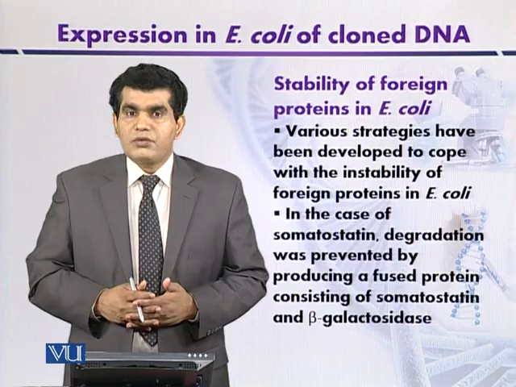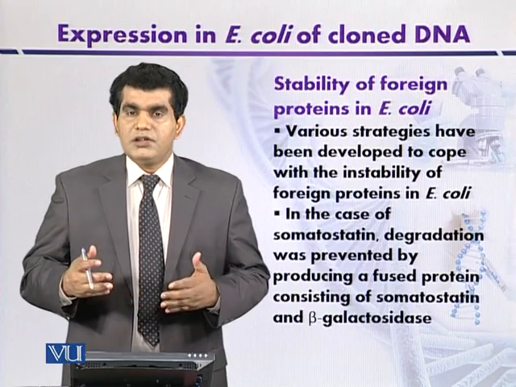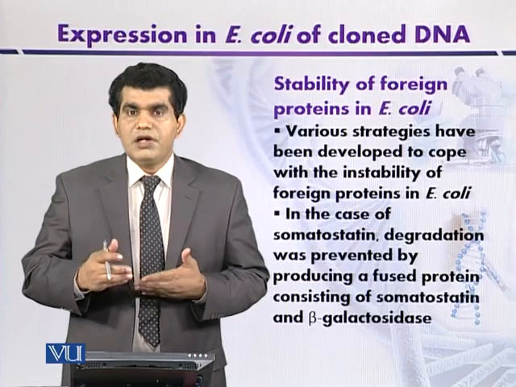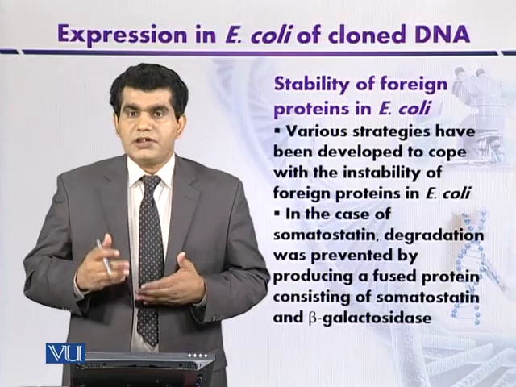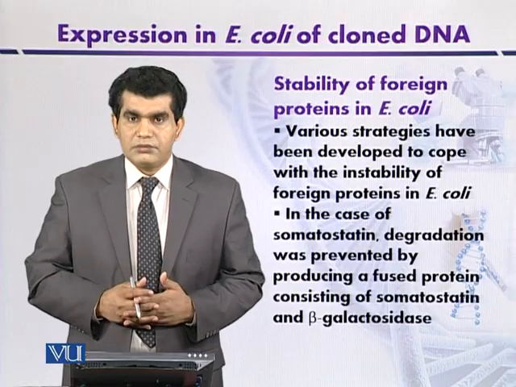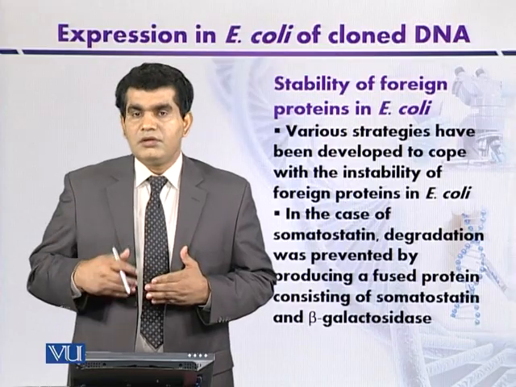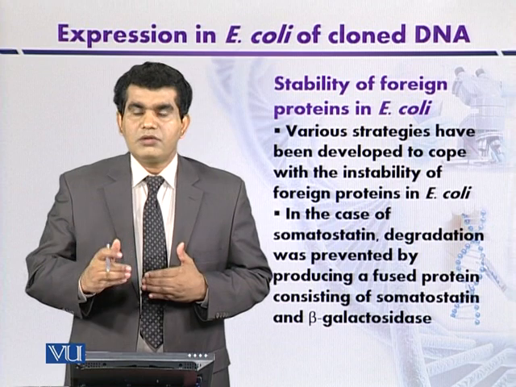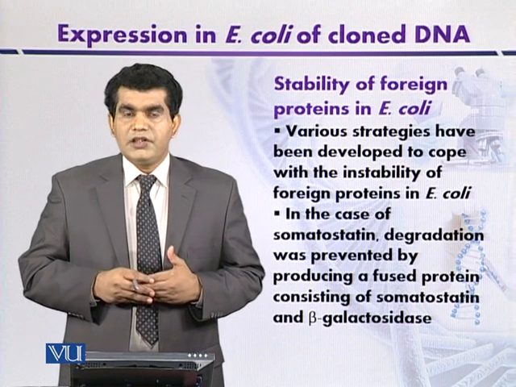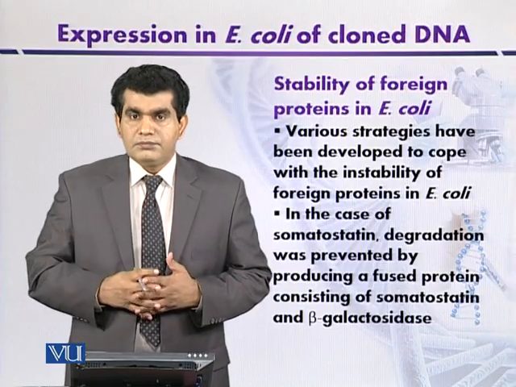It also plays a role in the degradation of different types of proteins, either abnormal proteins or even regulatory proteolysis, where the normal proteins under starvation can also be degraded. So if we create mutants that are deficient in proteases, especially Lon or CLP proteases, then the accumulation of the foreign proteins can be enhanced.